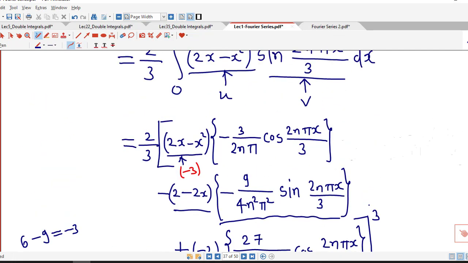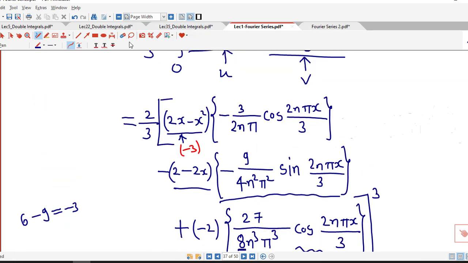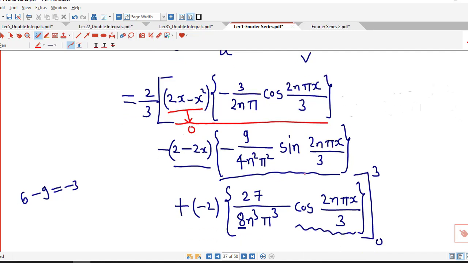Now when x is 0, contribution from first term will be 0 because of this term. If we put x equal to 0 here, this will be 0, so that will vanish this whole term. And here also when x is 0, sin 0 is 0, so whole quantity becomes 0.